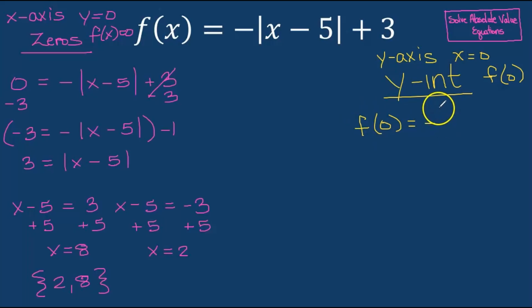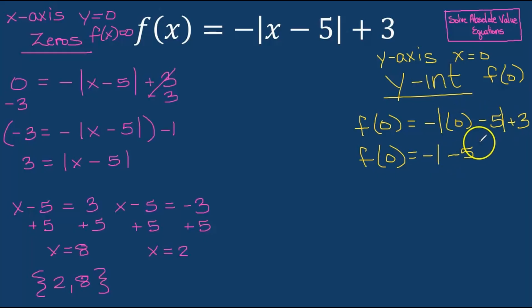So I'm copying my equation down, and instead of x, I'm going to put 0. In this case, that means that inside the absolute value, which I have to do first, I have 0 minus 5, which is negative 5.